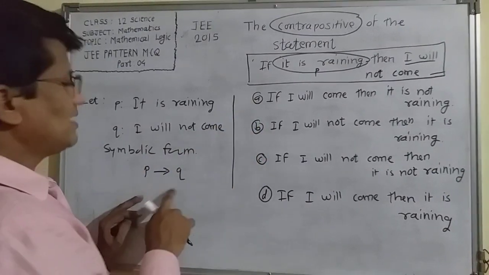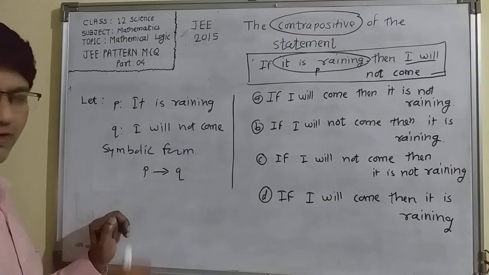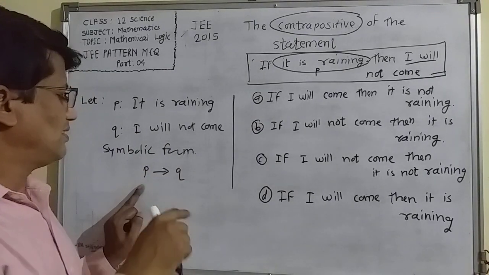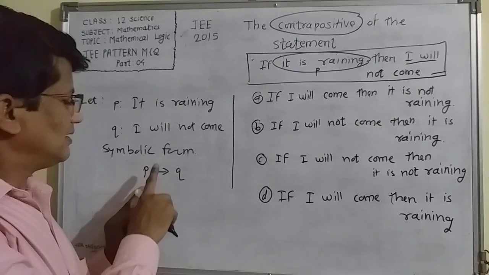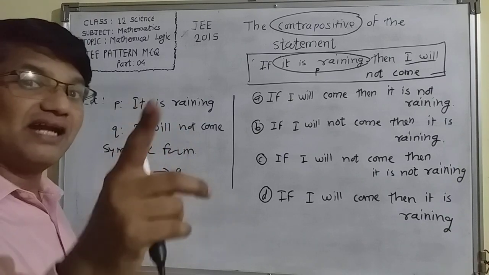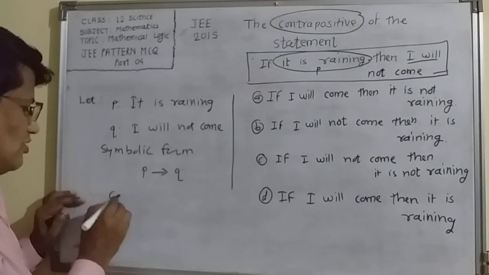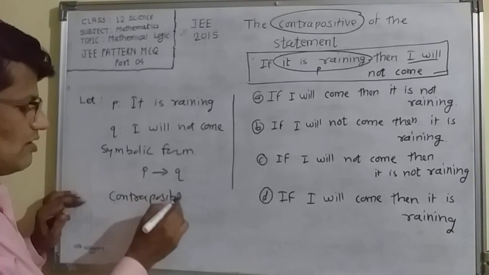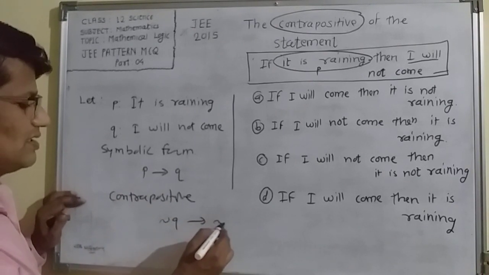Okay, and what is the contrapositive of this statement? I have discussed in a video lecture how to find the converse of this statement, the inverse of this statement, and the third one is the contrapositive. What will be the contrapositive? Here I am writing the contrapositive: negation Q implies what?